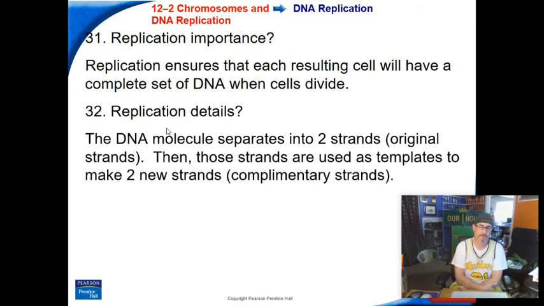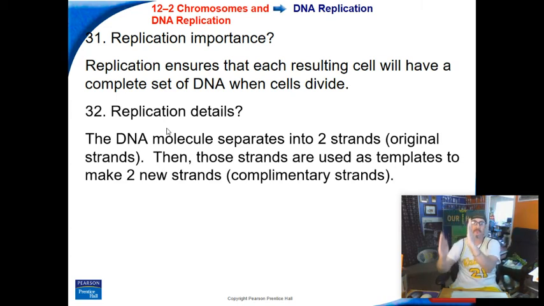Replication details. So the DNA molecule separates into 2 strands. Remember the helicase enzyme breaks the weak hydrogen bonds and separates the 2 molecules. Then those strands are used as a template. DNA polymerase brings in new nucleotide bases and uses base pairing rules to make a new complementary strand off of this one.